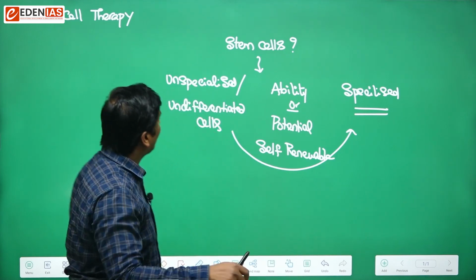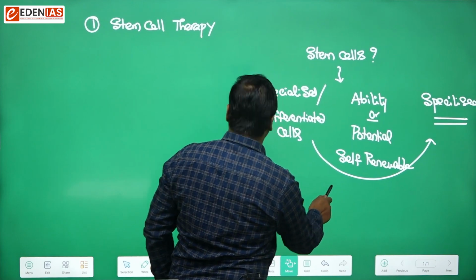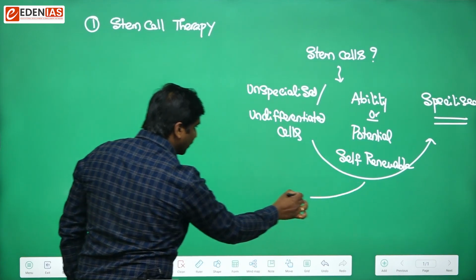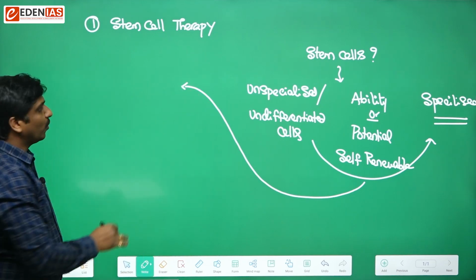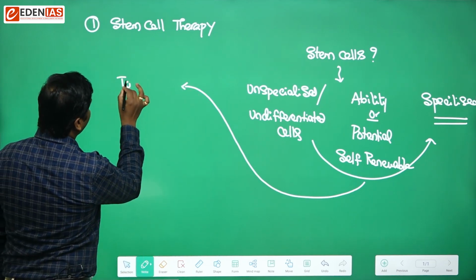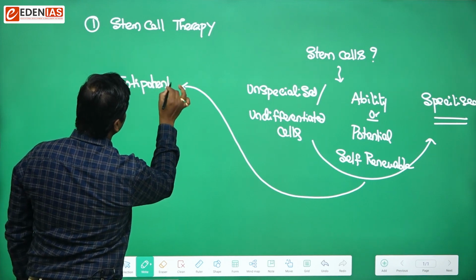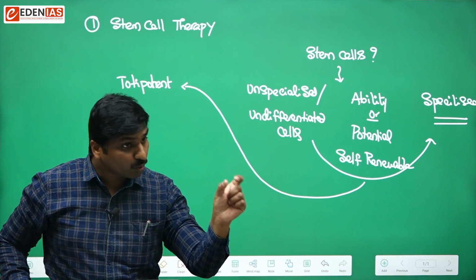So what are those types? When we look from the perspective of this ability, we will have different types of stem cells. The first type would be totipotent stem cells. Look at the word totipotent.